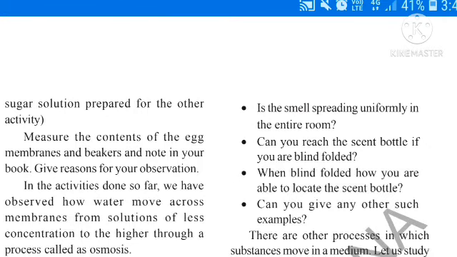Okay. See once again, what is diffusion? The process by which some materials, when kept in a medium like air and water, spread equally throughout, is called diffusion. Here, Thomas Graham was a famous Scottish physical chemist who worked on diffusion of gases.